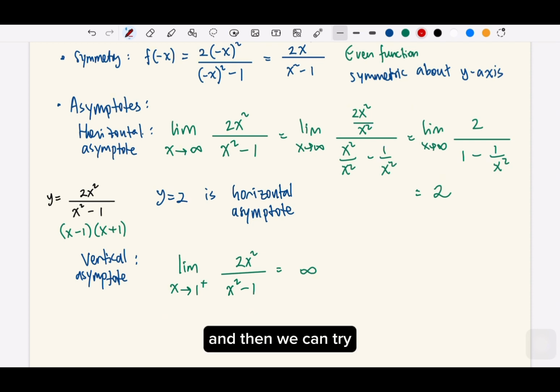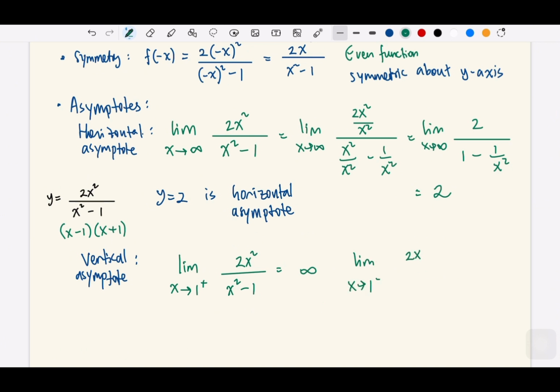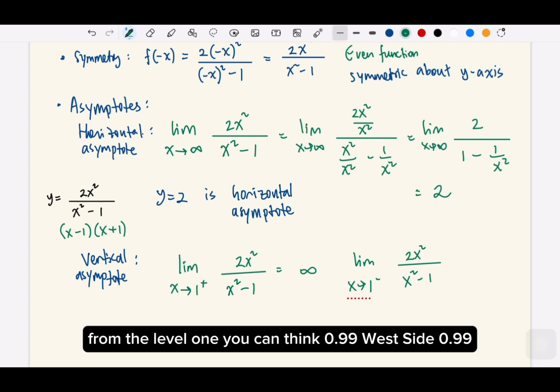And then we can try 1 from the left. From the left of 1, you can think 0.99.